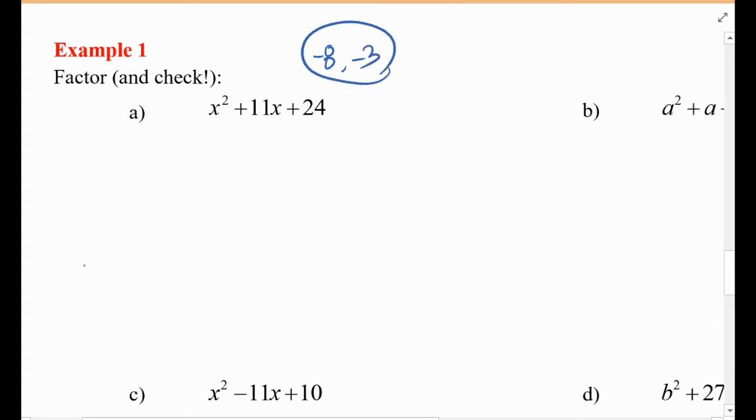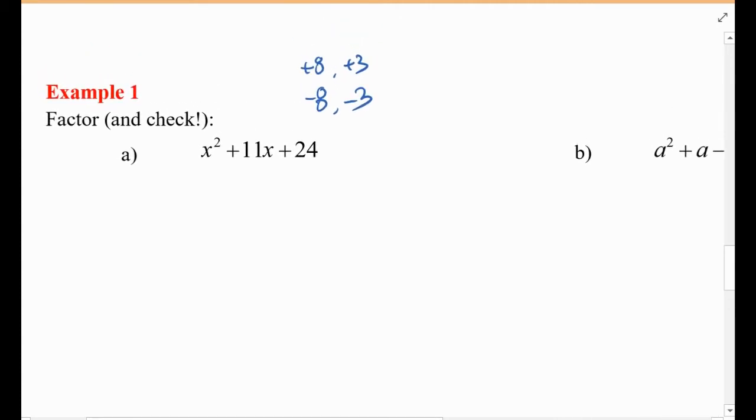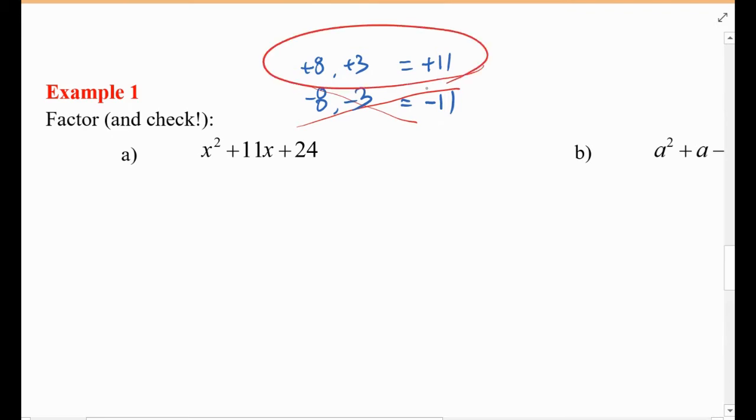When you multiply them, it becomes positive 24. Or can I choose positive 8 and positive 3? When you multiply, it becomes positive 24, and when you add them up, it becomes positive 11. This one adds to negative 11, so we are not going to choose it. We're going to choose this one, right?